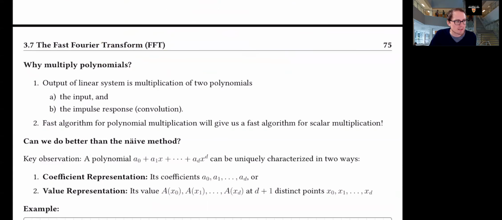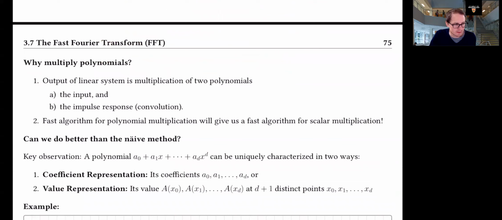So why would I want to multiply two polynomials? The first thing is that the output of a linear system is the multiplication of two polynomials.